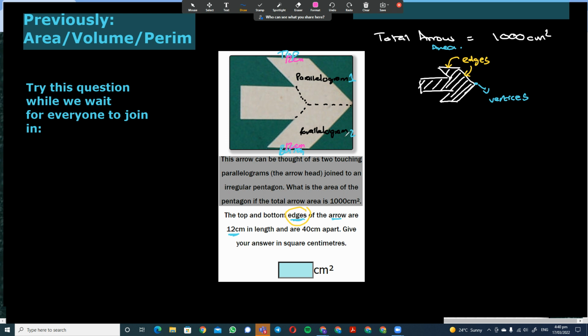Because this is a parallelogram, we know that the opposite sides of a parallelogram are equal. And these two have a common side, which will also be 12 centimeters.